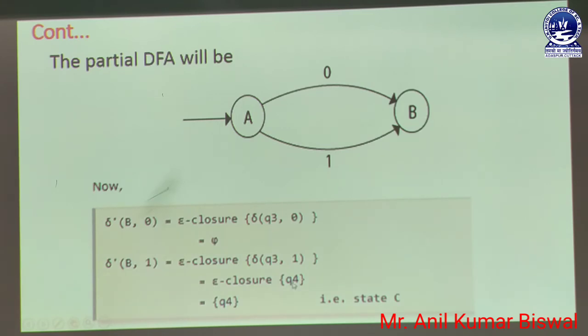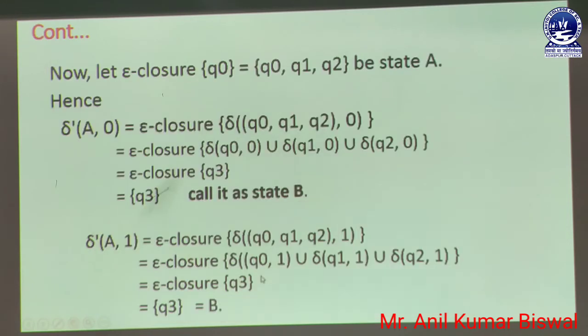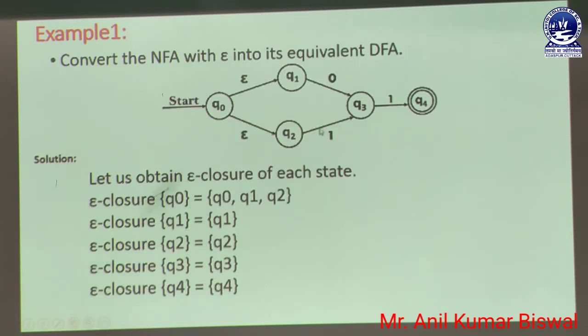The epsilon closure of Q4 gives a state Q4, which is state C. So we get a new state, because as already mentioned in the previous diagram, Q3 with input symbol 1 creates a state known as Q4.